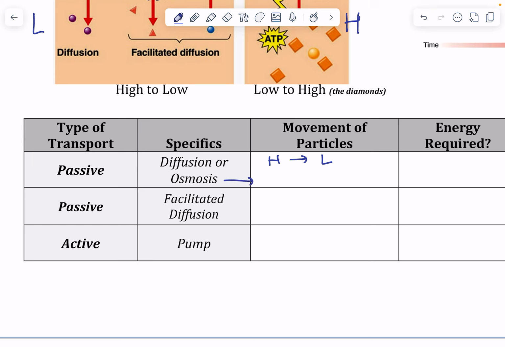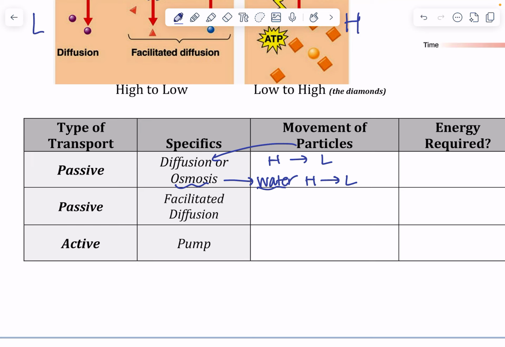Osmosis is the movement of water from high to low. So don't be confused there. Movement of particles is diffusion, and movement of water is osmosis, from high to low. Both high to low, but it's just a matter of what is moving.